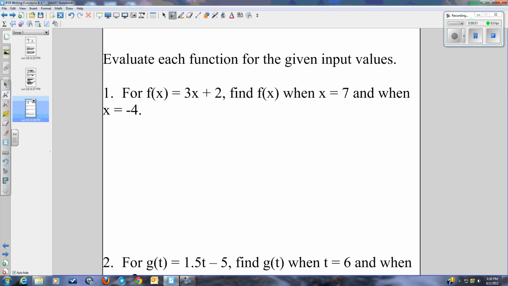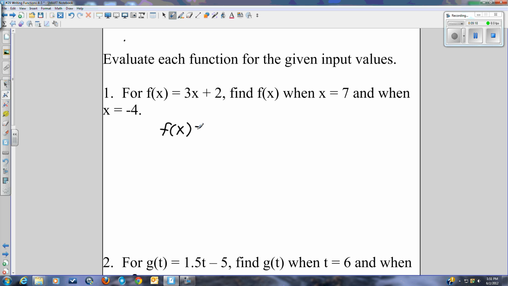Evaluate each function for the given input values. Number 1, for f of x equals 3x plus 2, find f of x when x is 7 and when x is negative 4. So we're given f of x equals 3x plus 2. Now all this is a substitution problem.